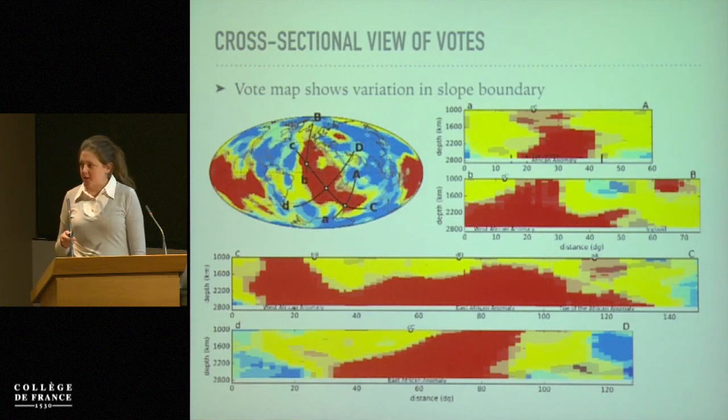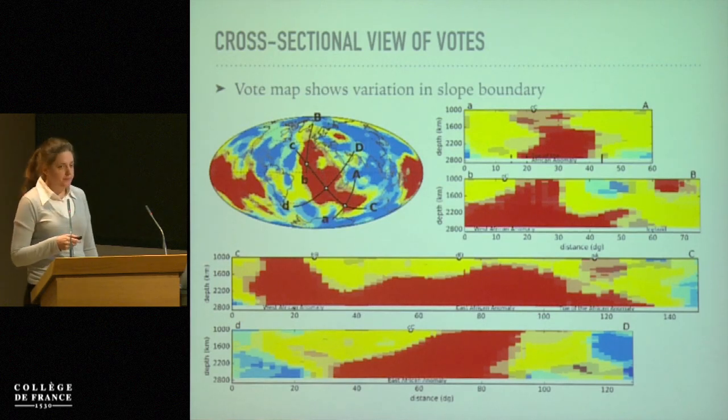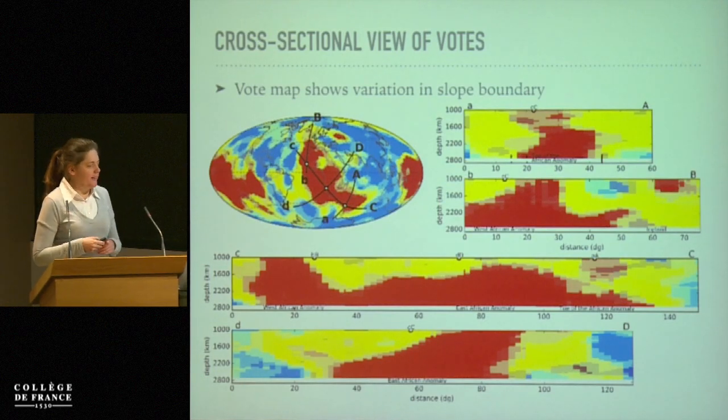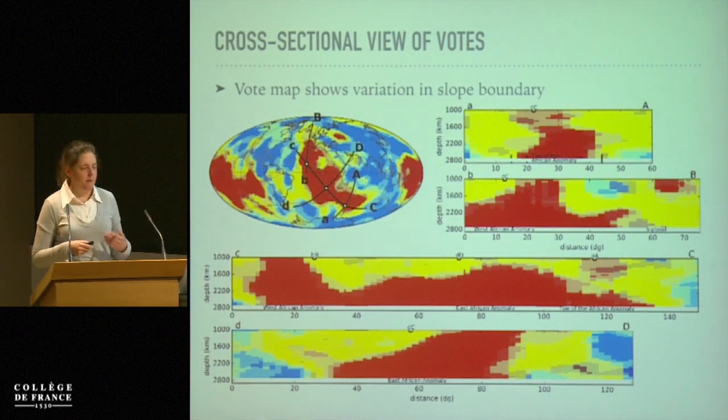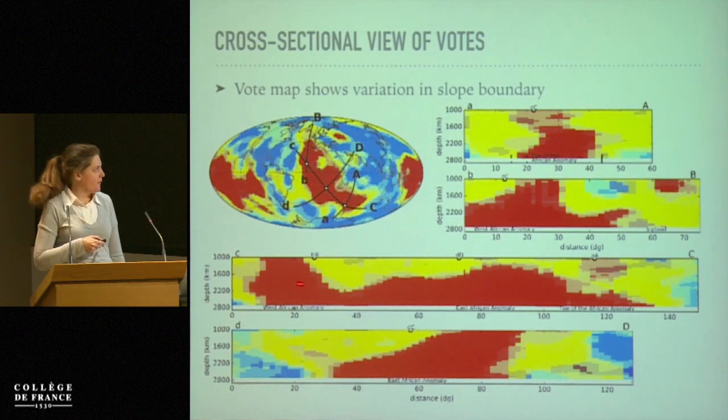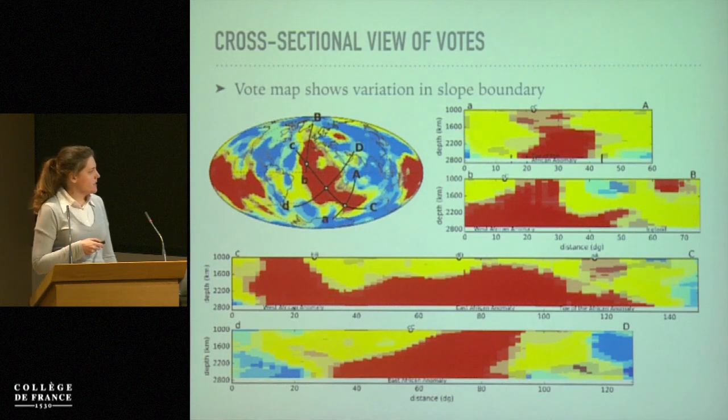So here are some cross-sections through the LLSVPs. The vote map suggests a wide variety of the shape of the boundaries of the LLSVPs. If you look along the length of the African LLSVP, which is this cross-section C here, you see both very shallow sloping boundaries in the south here, and then on the western side, very, very steep vertical boundaries.